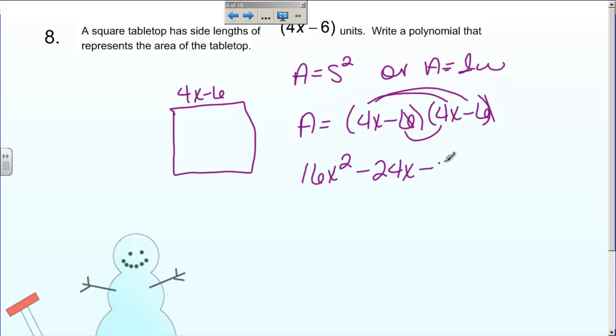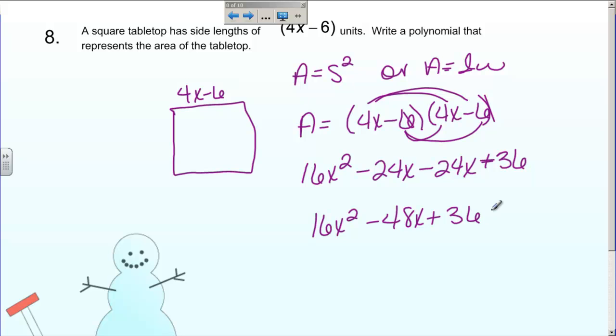This is also negative 24x. And negative 6 times negative 6 is positive 36. So like terms in the middle, so you end up with 16x squared minus 48x plus 36. And so it's just more practice with multiplication.